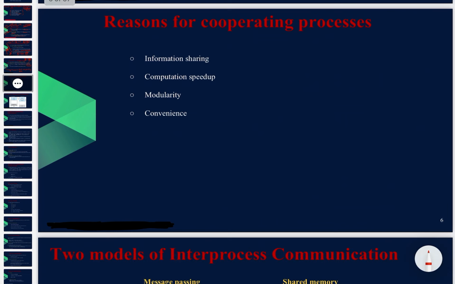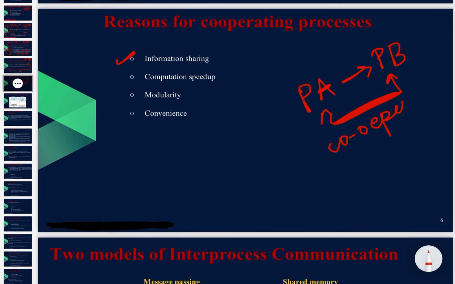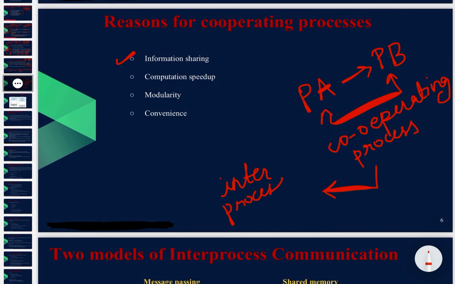The reason for cooperating processes is that you want to share information. Process A wants to share its information with process B, so both are cooperating processes, and cooperating processes will require inter-process communication. Other reasons: computation speed, modularity, convenience.